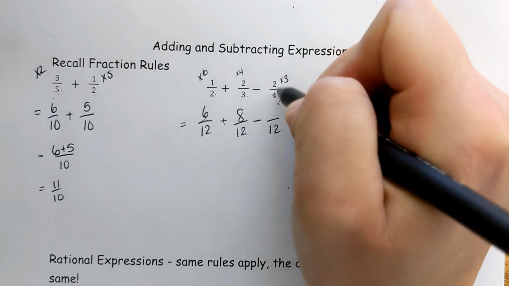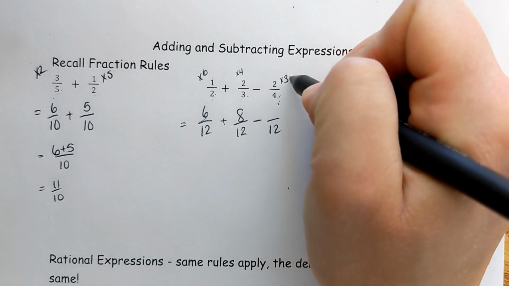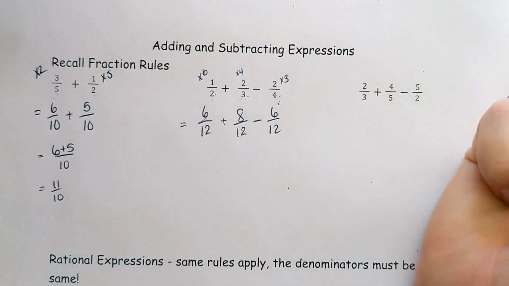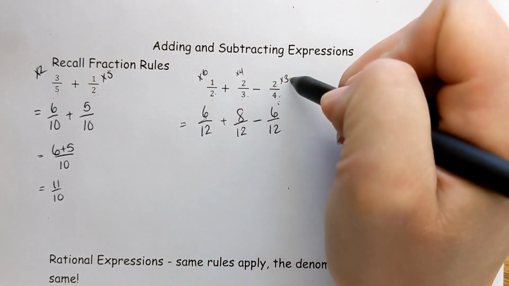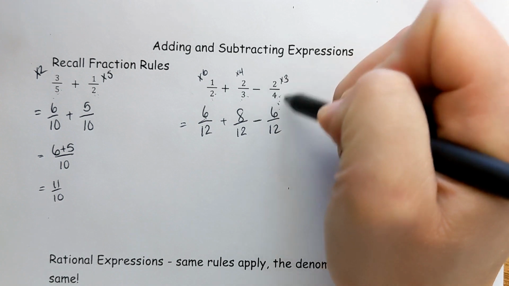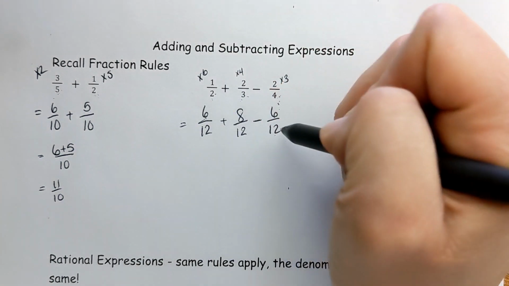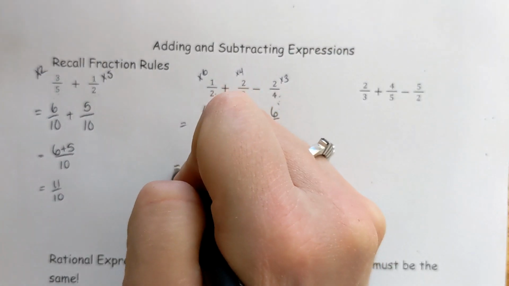And 1/2 again over 12 is going to be again 6 over 12. Okay, so I've done 2 times 3 is 6, 4 times 3 is 12.